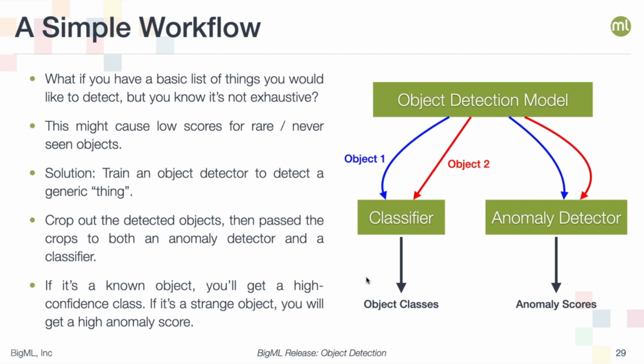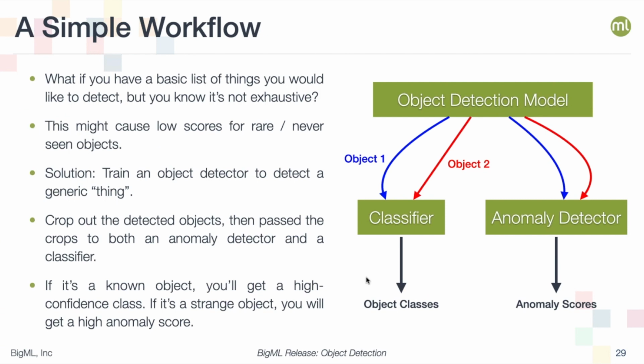So from the anomaly detector, you get to know the classifier competence, and then also you get an object detection model that's kind of thing agnostic. It's looking for anything on the roadway, not just things of a specific class. And again, the beauty of doing all this in BigML is that this can be scripted in BigML and all run on the server side.